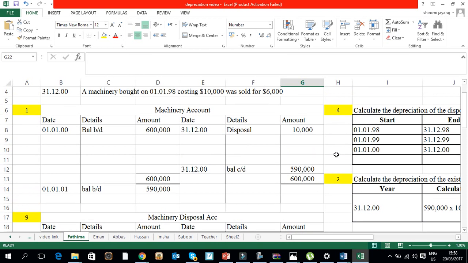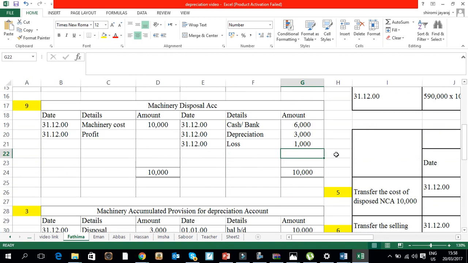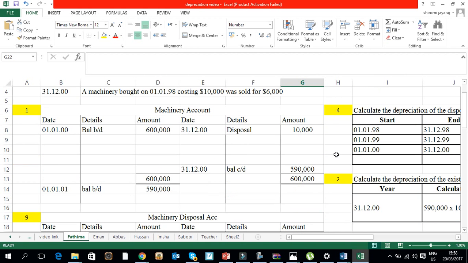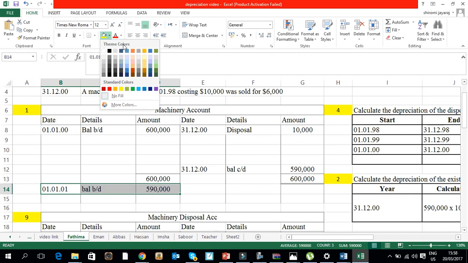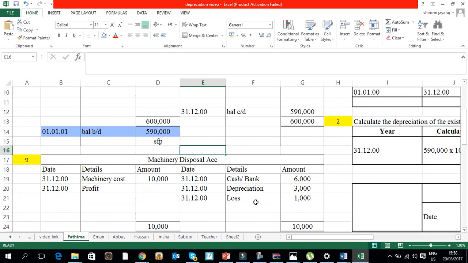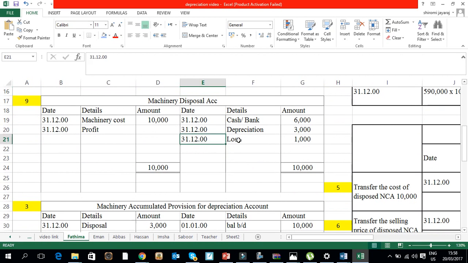Now the last step is to complete the extracts. So let's see where we are going to put this information. Wherever there is brought down, this value should go to the SFP. And over here, it says a loss.